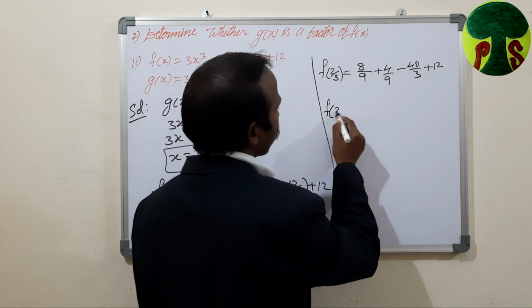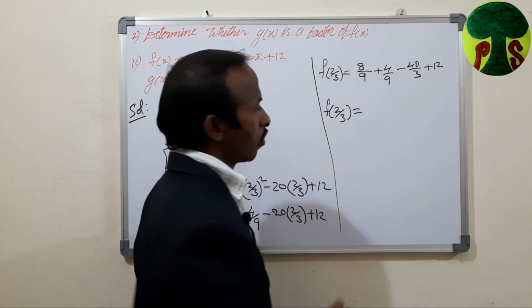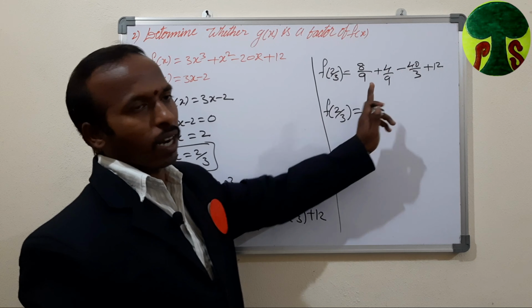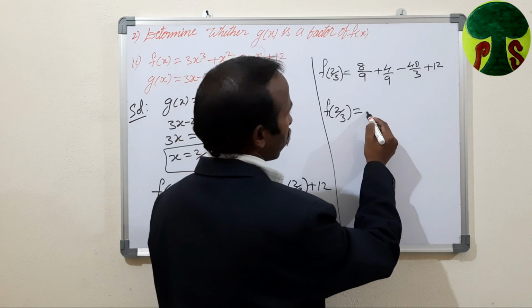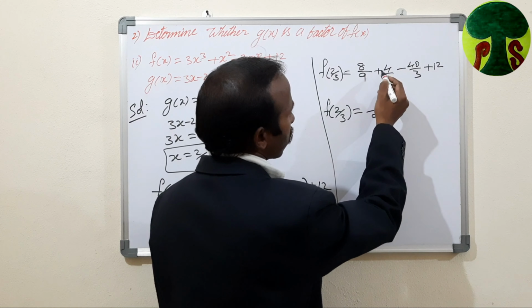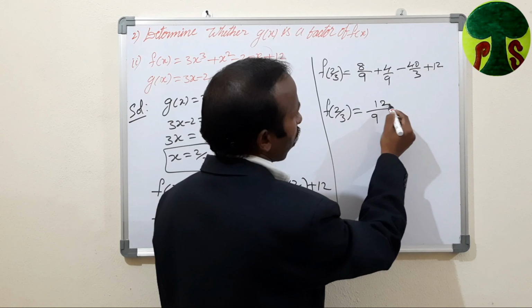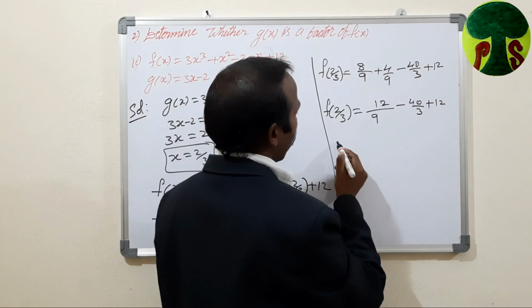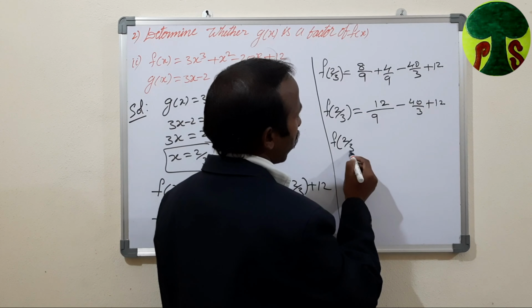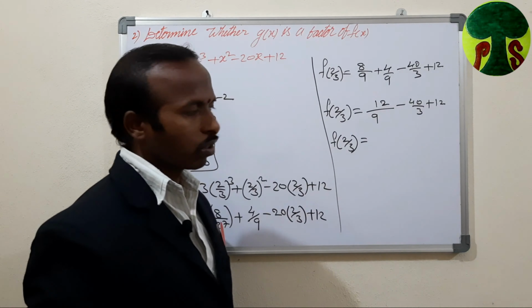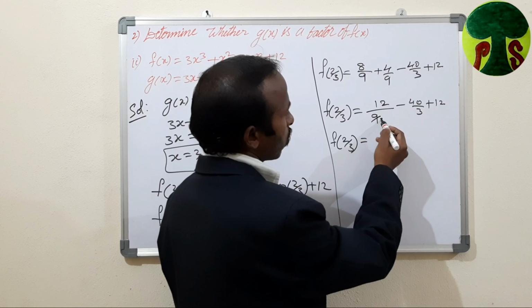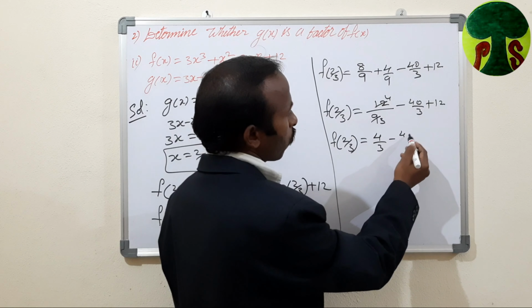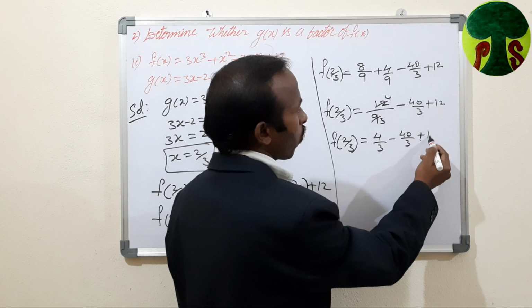f of 2 by 3 equals, see here denominators are 9, 9, so you can add the numerators, that is 8 plus 4 is 12, by 9, minus 40 by 3 plus 12. f of 2 by 3 equals, see here 3 3s, 3 4s, so here 4 by 3 minus 40 by 3 plus 12.